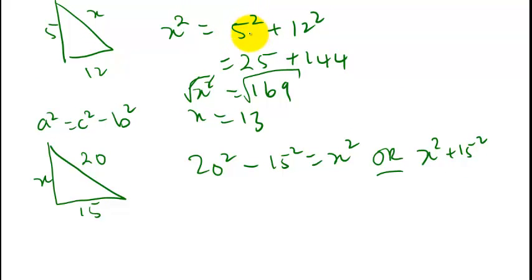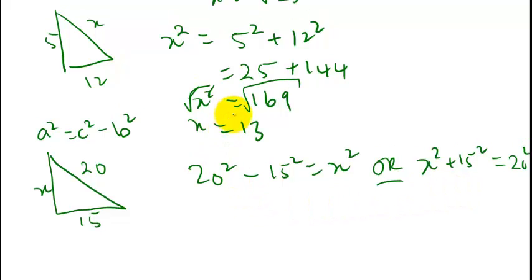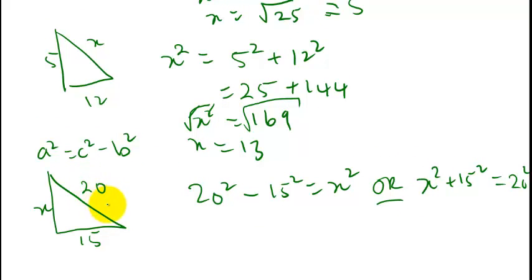The side squared plus the next side squared equals the hypotenuse. So there is A squared plus B squared equals C squared.